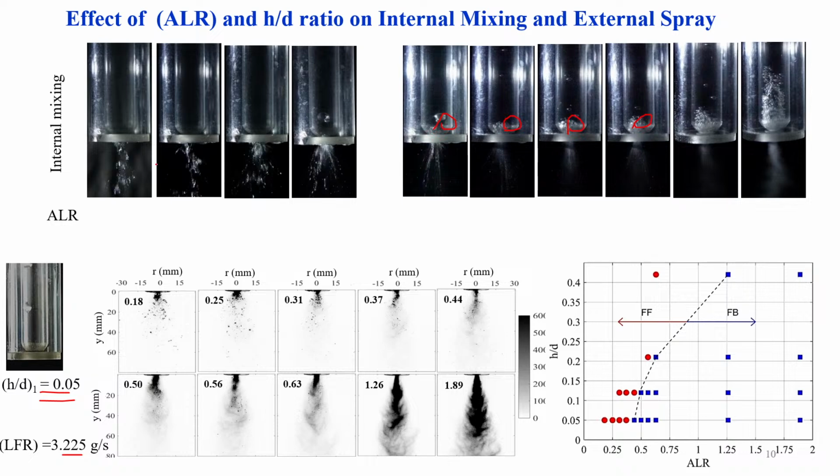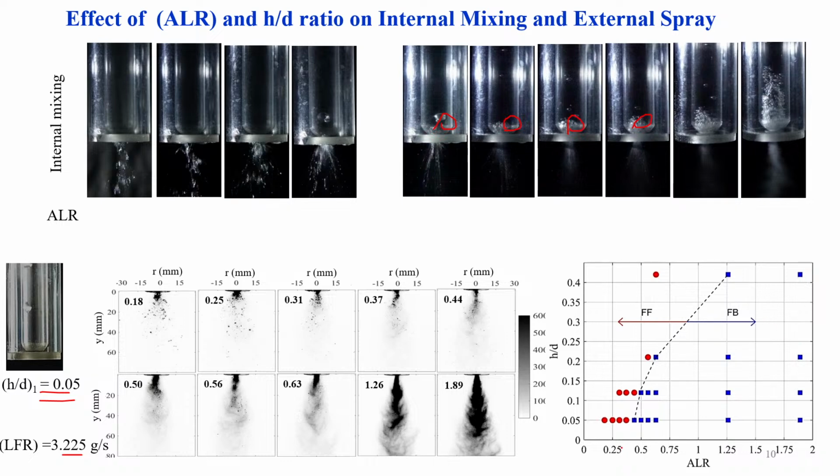Based on this, we segregated the data and came up with this regime plot. Here we can clearly see, for different H by D ratios and ALR ratios, how the regime shifts from flow focusing to flow blurring.